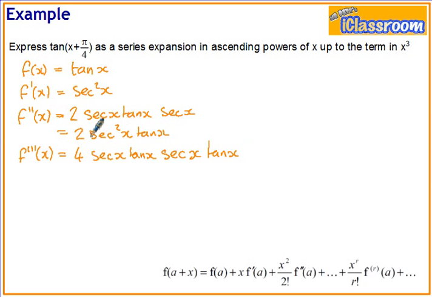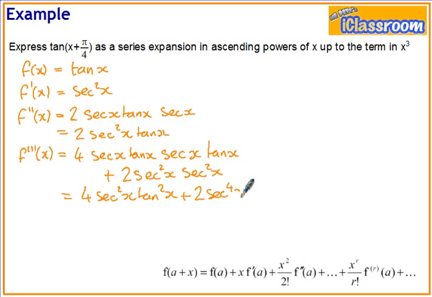So now I've differentiated my first function. Product rule, I now need to differentiate my second function, so leave the first one alone. This becomes sec squared, tan differentiates to give me sec squared x. Okay, just quickly collecting some like terms here. I've got 4 sec squared x tan squared x plus 2 sec to the 4 x.